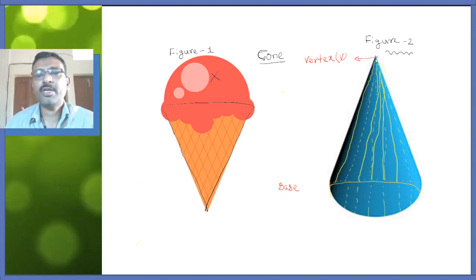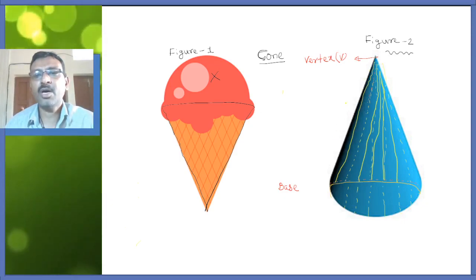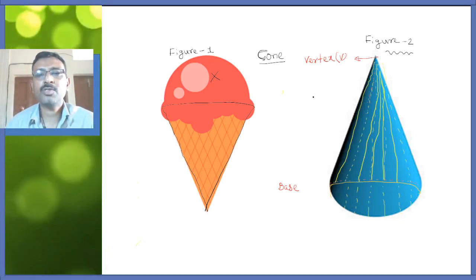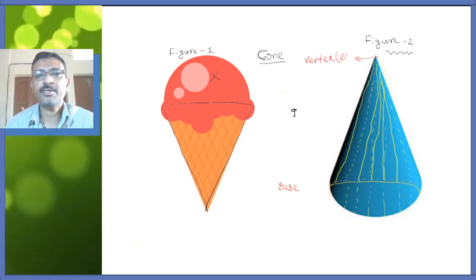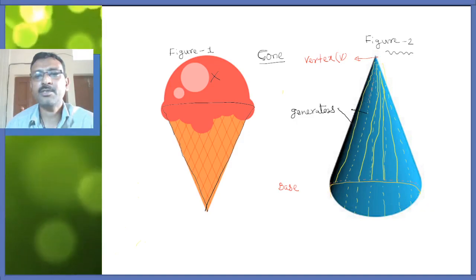The lines joining the vertex and base curve have certain names. Those are generators. These lines are generators.